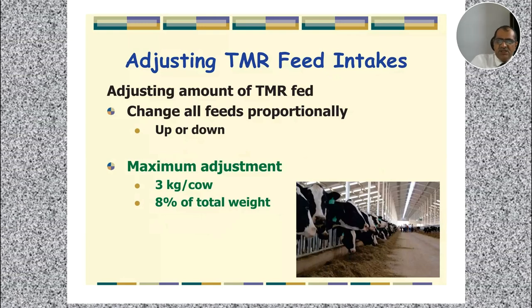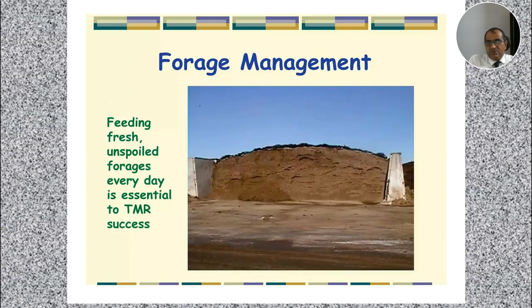Then adjusting the TMR feed ingredients needs to be done by up and down procedures. We cannot suddenly adjust it, but we can adjust it to the extent of 3 kg maximum per cow, and 8% of the total body weight only is allowed, or else it may result in some problem.